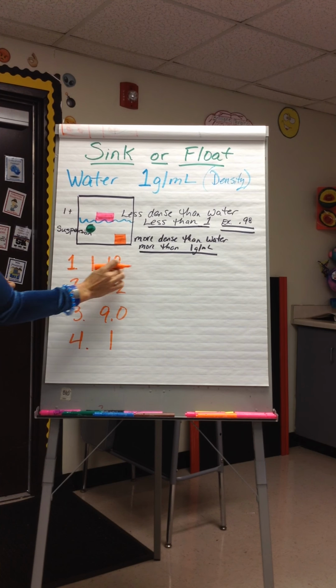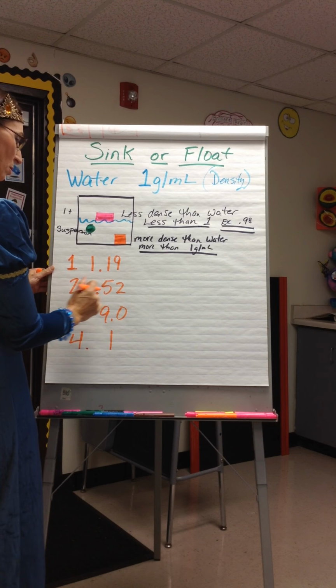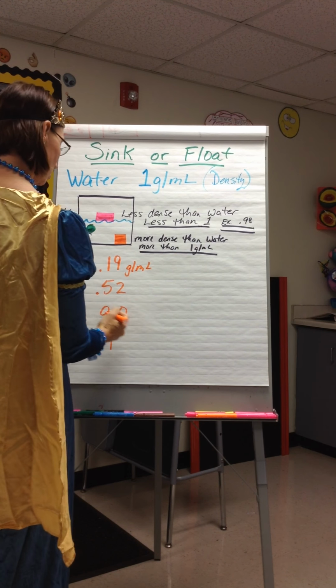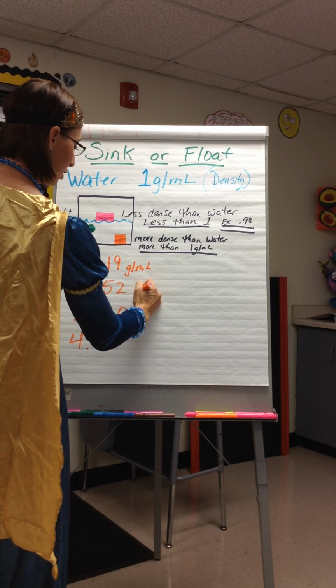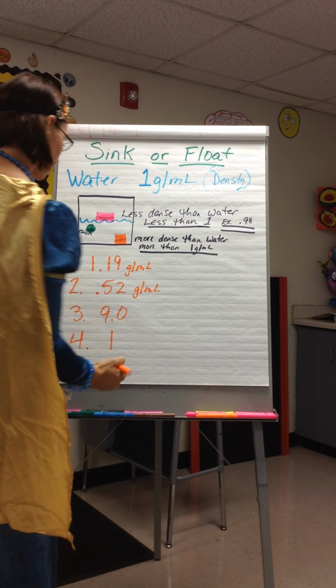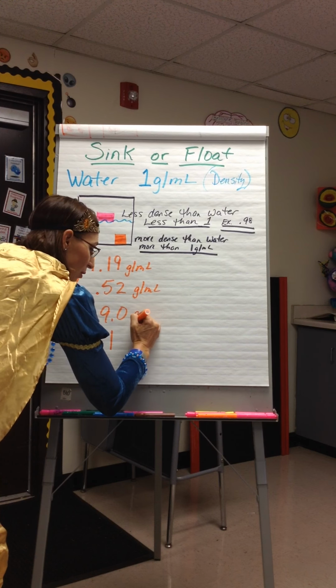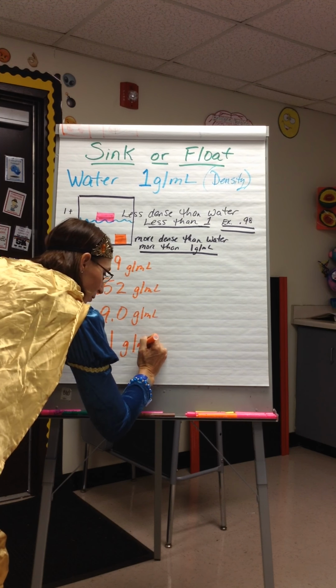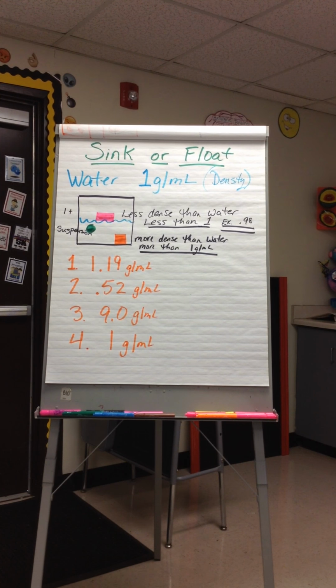Number 1, 1.19. Number 2, 0.52. Number 3, 9.0. Number 4, 1 gram per milliliter.